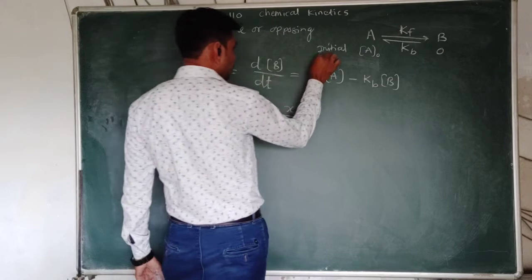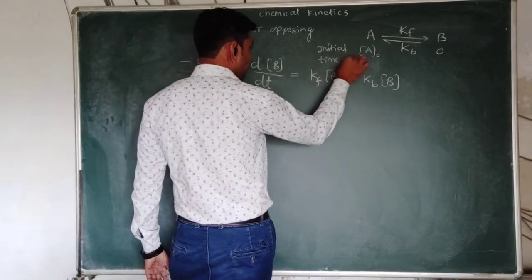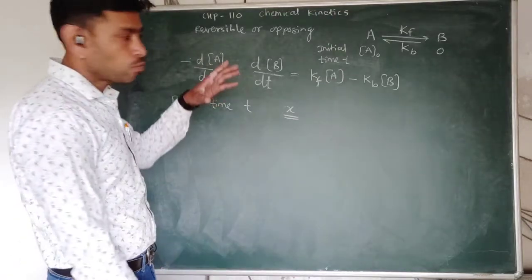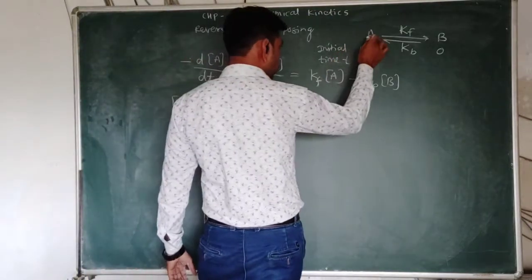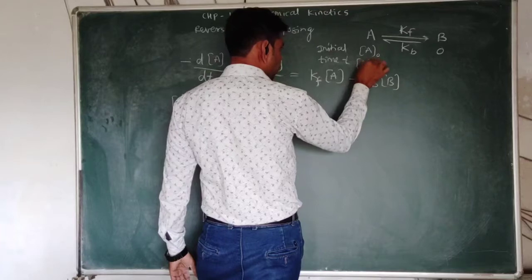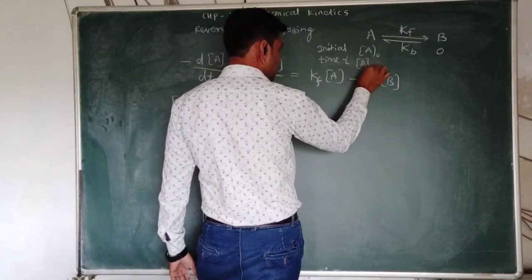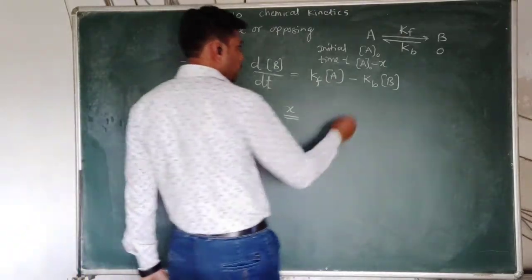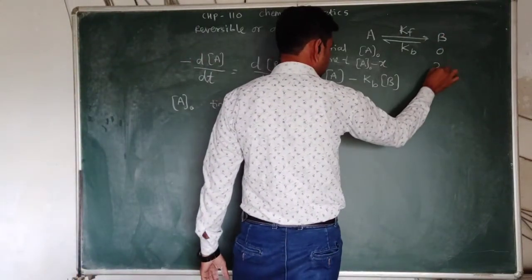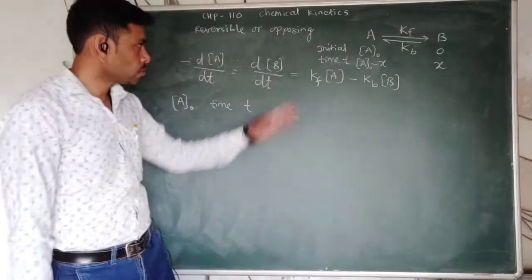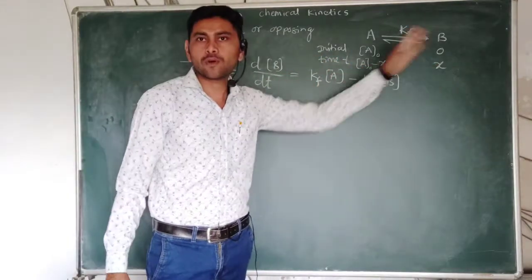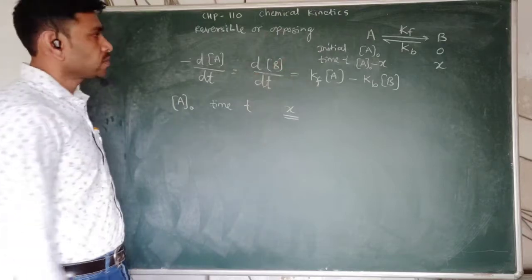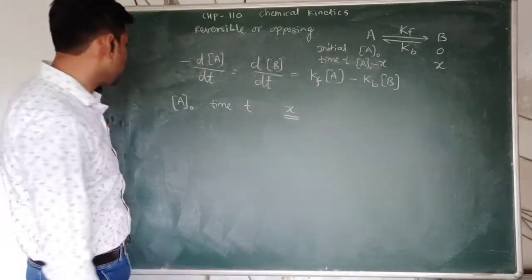After time t, X moles reacted from here, so the concentration of A is A0 minus X, and the concentration of B is X. So such an amount reacted to form B, and X is the concentration of B at time t.